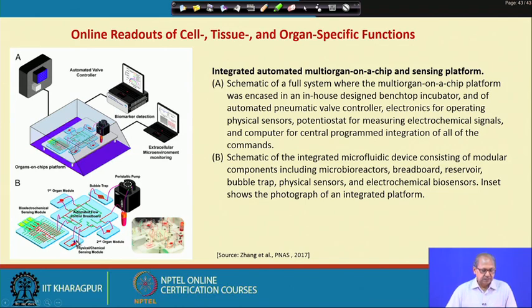Automatically, without any disturbance, the fluids are monitored for cellular behavior. In that way, we can monitor the whole system as in our body, how it behaves every day, or week after week, even month after month.